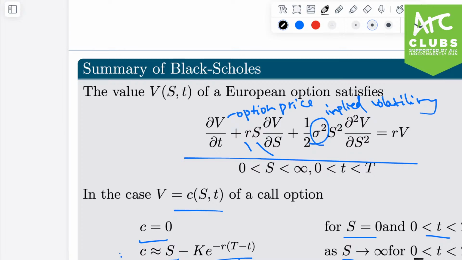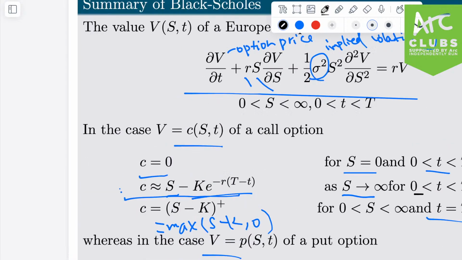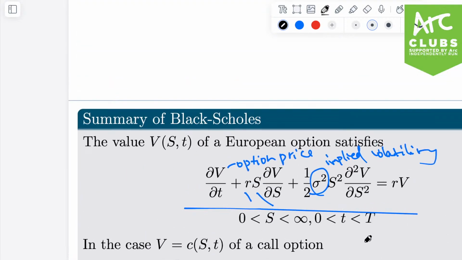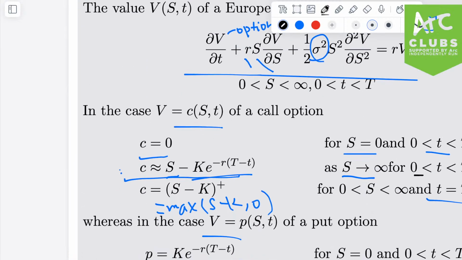I want to buy or sell a put option. I want to buy or sell multiple call and put options, right? So I want to have a portfolio of call and put options, and I want to buy and sell them. How should I choose? What price of call or put should I choose? And just by giving this formula, we still know nothing, right?